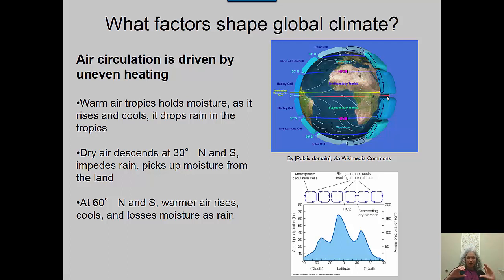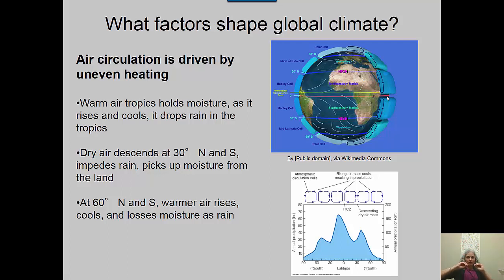You probably also know that warm air rises. So if you heat your house with a wood stove, you've probably experienced this where the upstairs of your house is getting really warm, but the downstairs is staying cold. That's because the air that you're heating up is less dense and it rises.